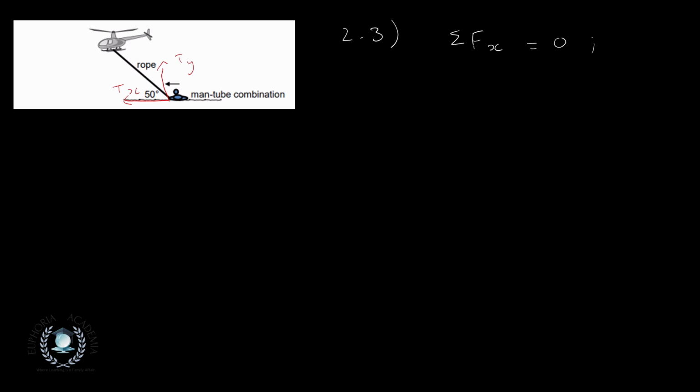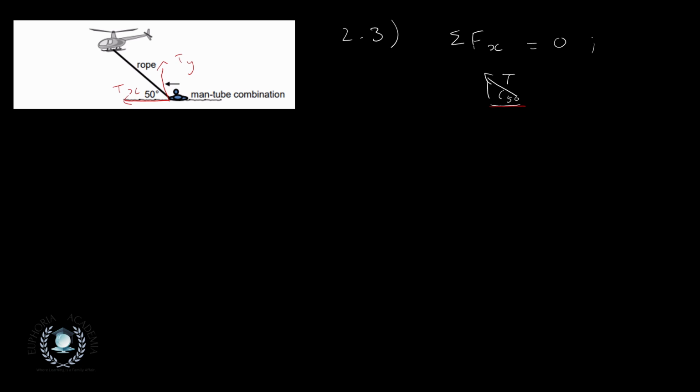So if we have a constant velocity, that means the sum of our forces will be 0. All right. So we have a situation where the tension, the rope, is at 50 degrees to the horizontal. That's our tension force. So we need to find this component, the x component, because we're computing our forces in the x direction.